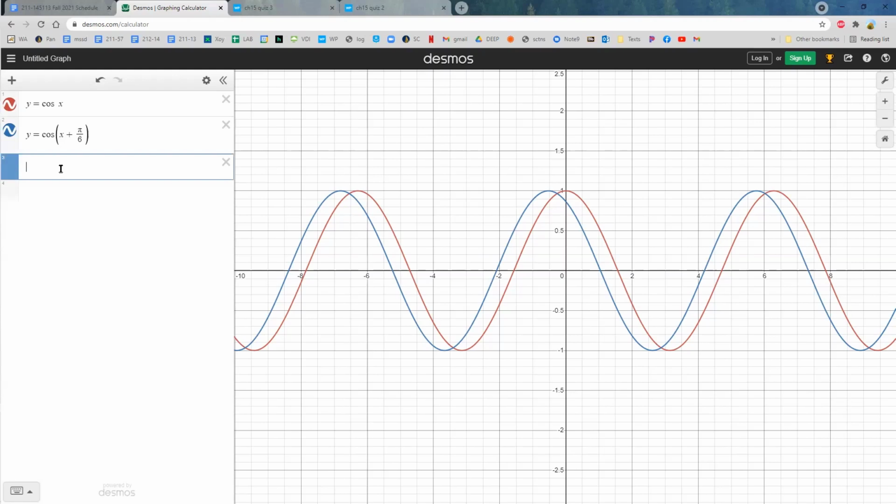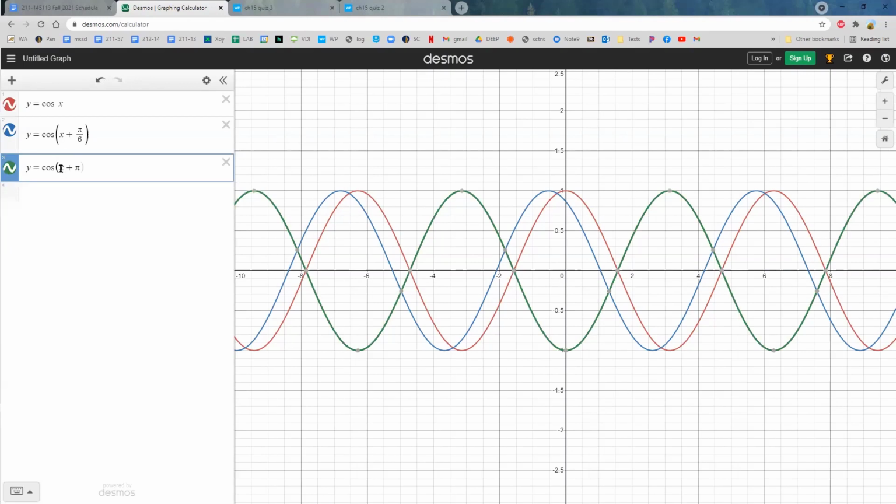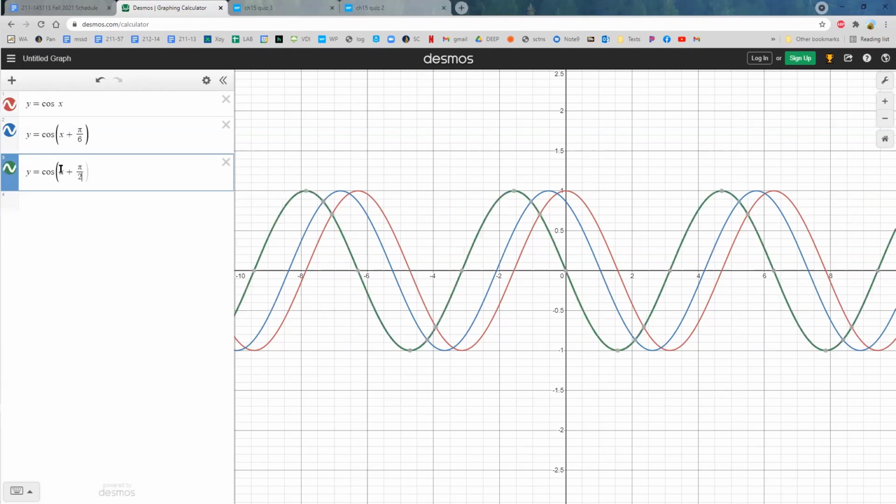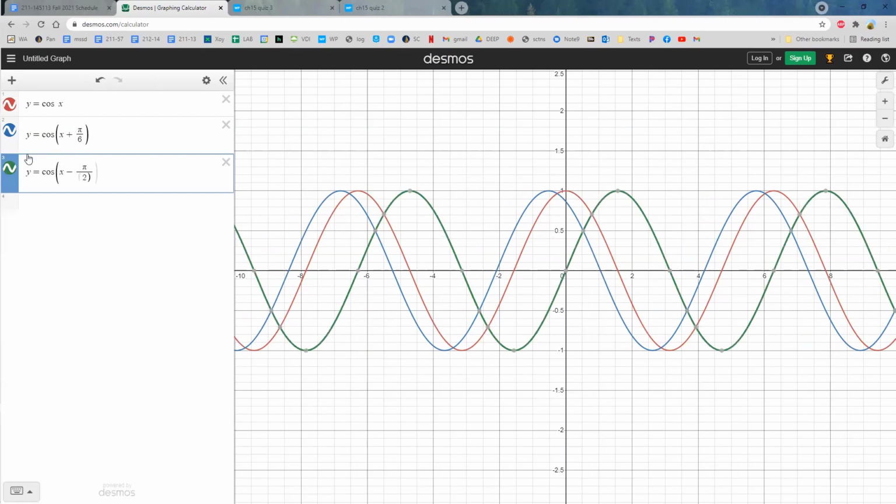What if, on the other hand, I have another one, y equals cosine of x plus pi over 2, 90 degrees. And instead of plus, maybe I'll say negative, minus. All right, so look at this green function.